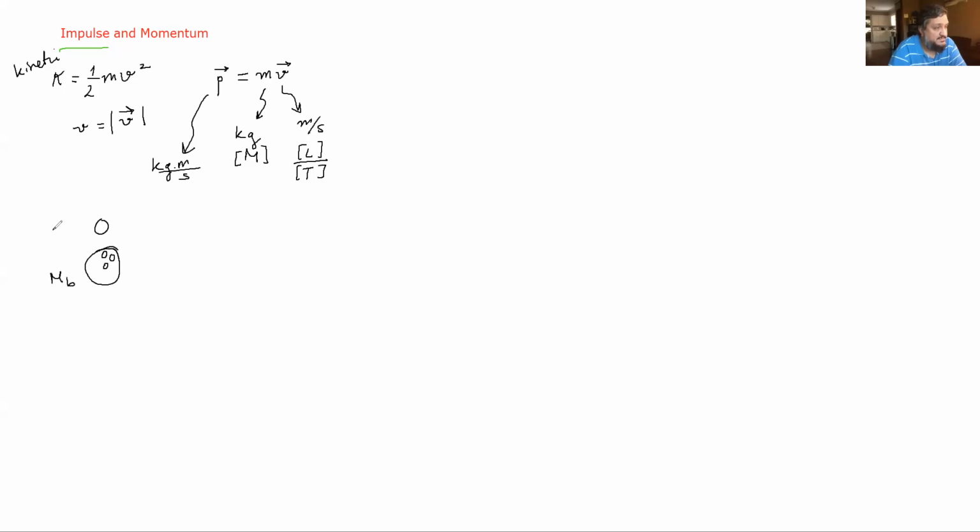M_B versus M_T, all right? I mean, you can look up the numbers in kilograms, find out how much they weigh and all that, but can they have the same energy and can they have the same momentum?